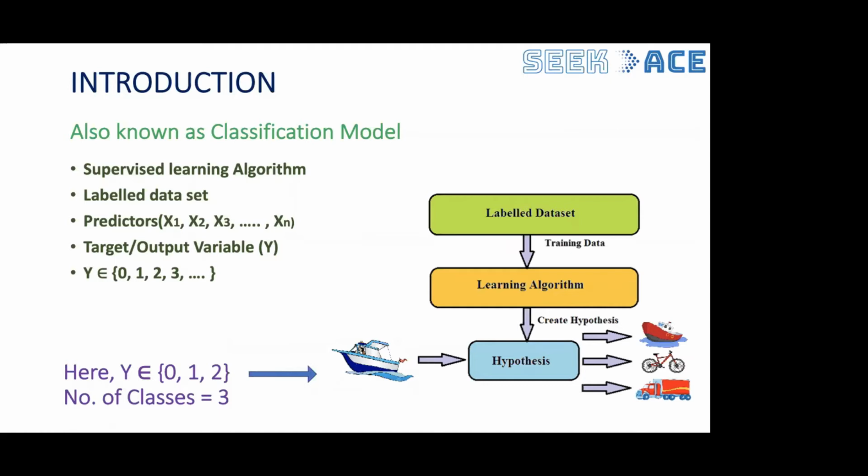Then we pass the data through the learning algorithm, and every learning algorithm has its own cost function. We will use some method to minimize our cost, and by minimizing our cost, we will be able to learn those unknowns, those betas, those parameters.